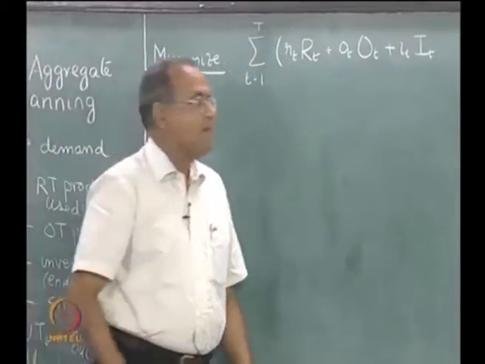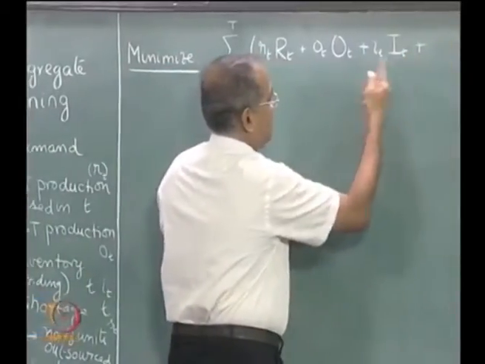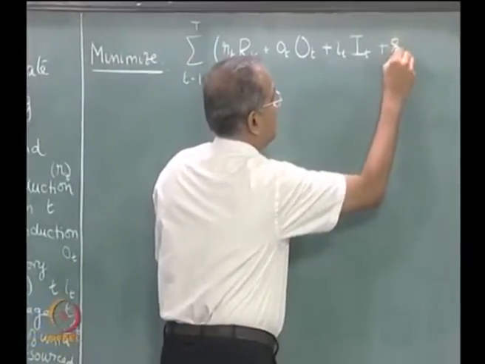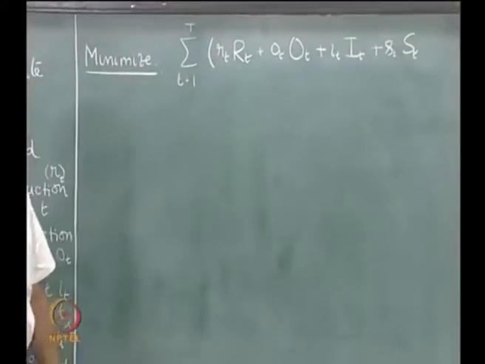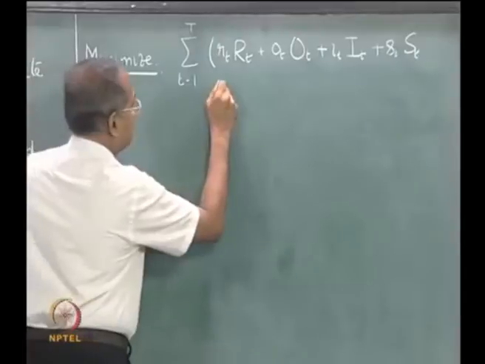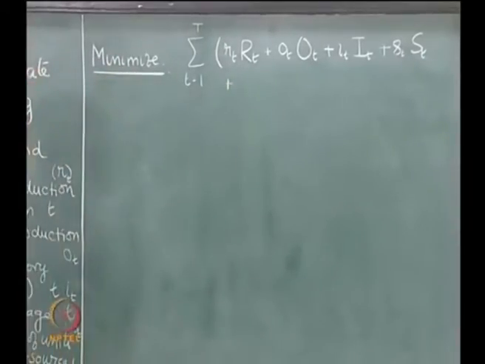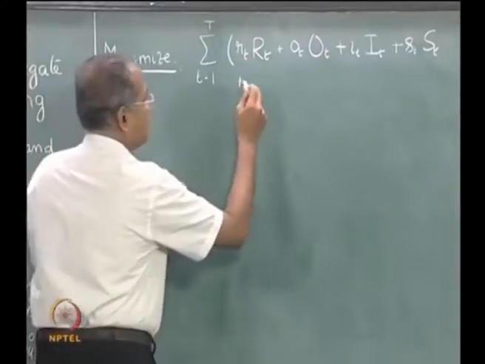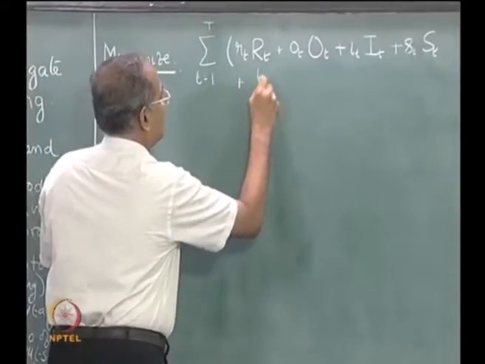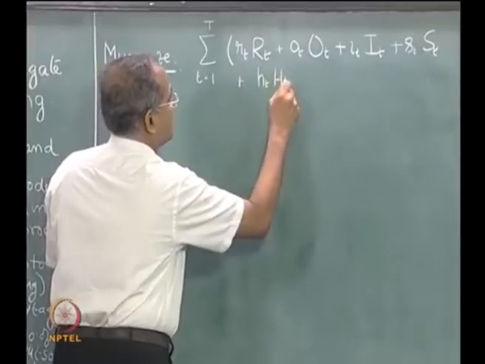This is the variable, this is the cost, plus ST into ST, which is the cost of shortage if it is there, plus HT into HT.